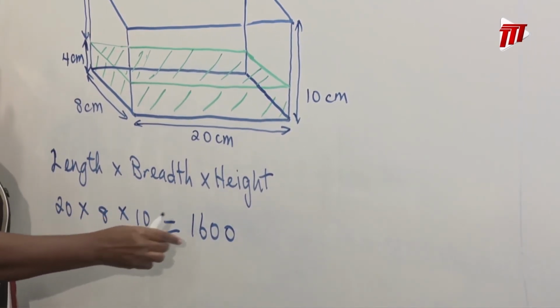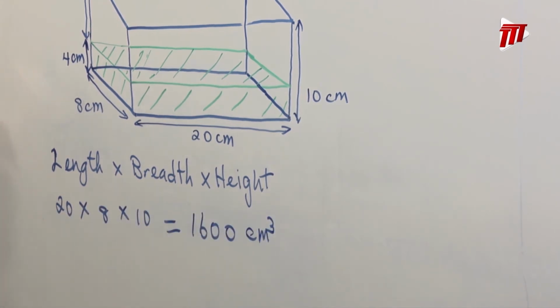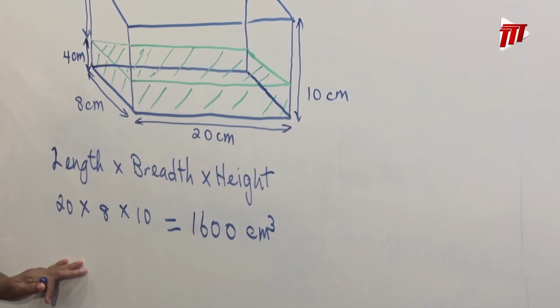So 1,600 cubic centimeters. That's the volume of the whole container.